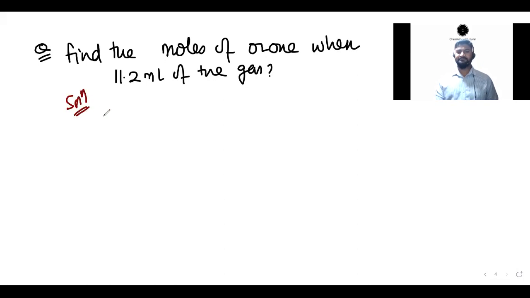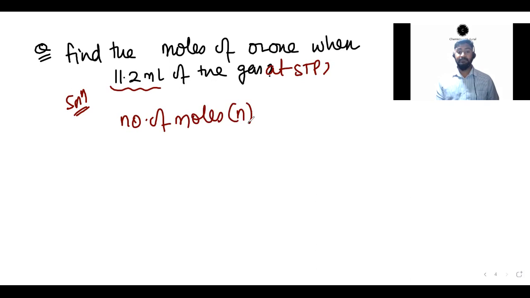How to find it? See, that can be calculated by the formula. Number of moles. What is given to you? Volume. Of course, at STP. So number of moles will be given volume upon molar volume.